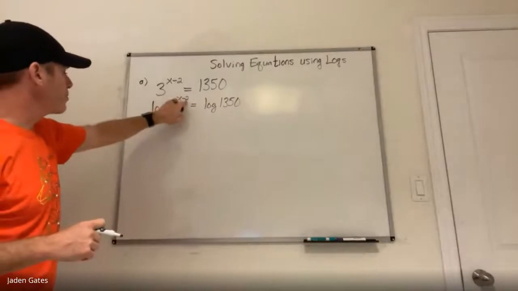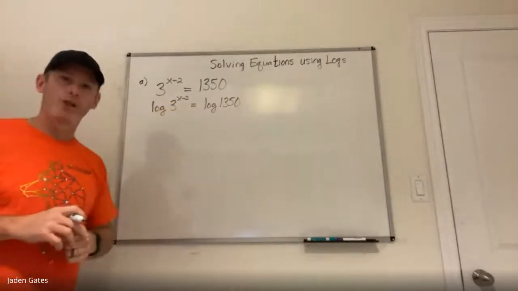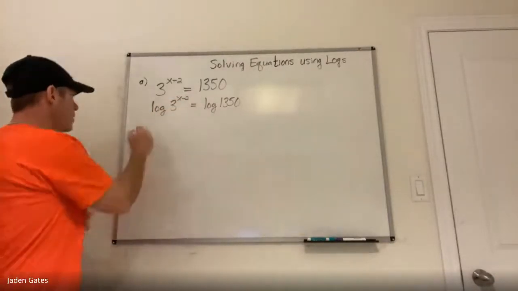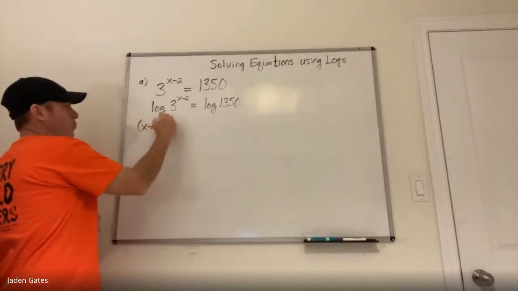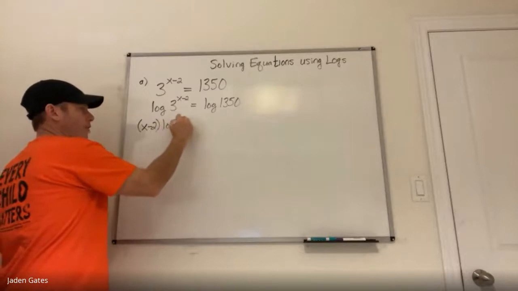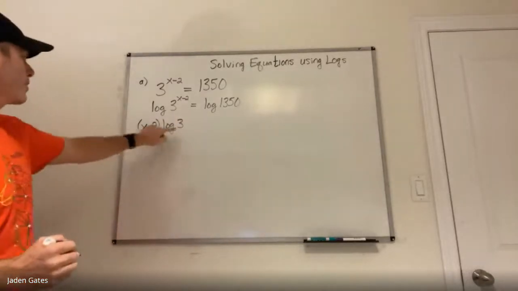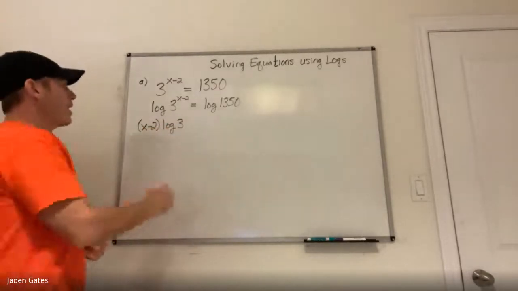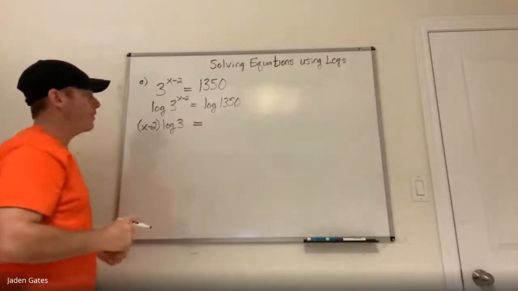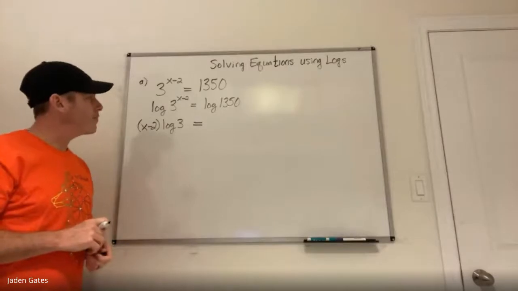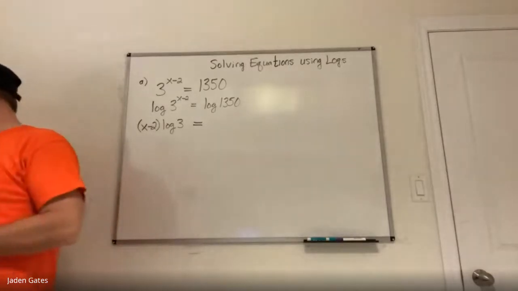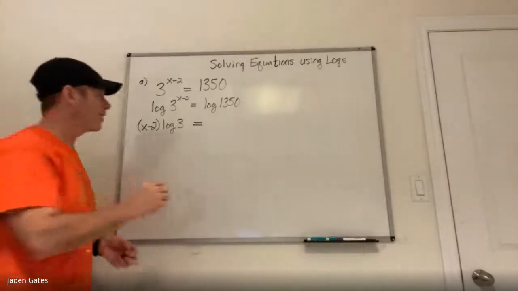I'm going to bring this exponent, which isn't just an x this time, it's an x minus 2, and put it in brackets, because I'm going to multiply it by the log of 3: my exponent times the log of the base. The log of 1350 is a number that I can figure out, and I bet it's 3.13.